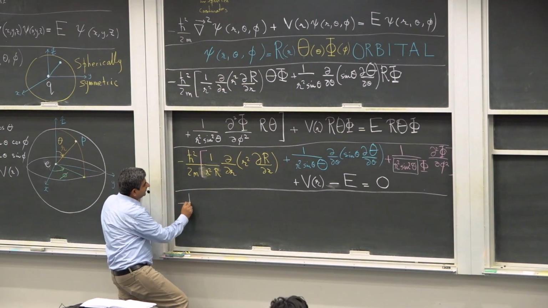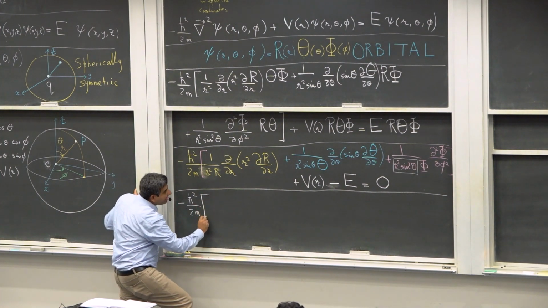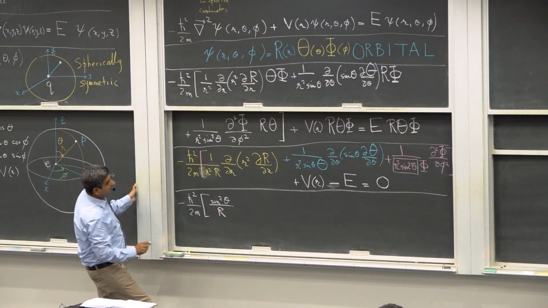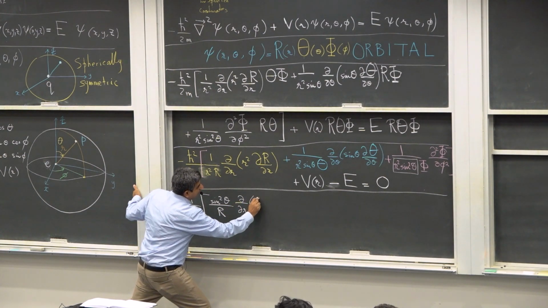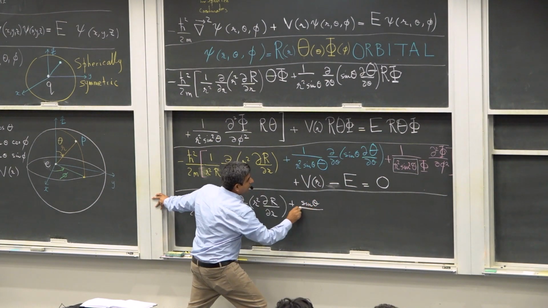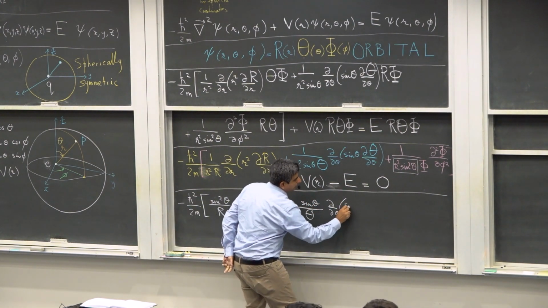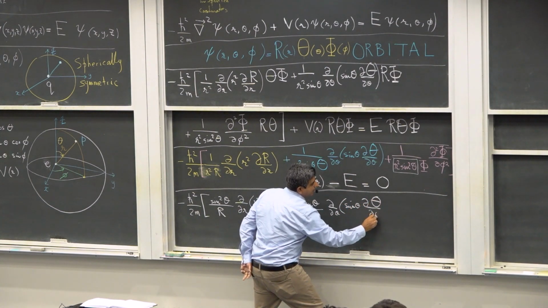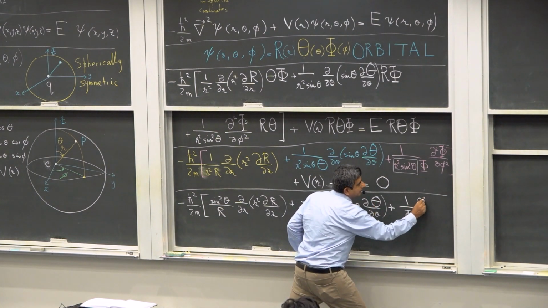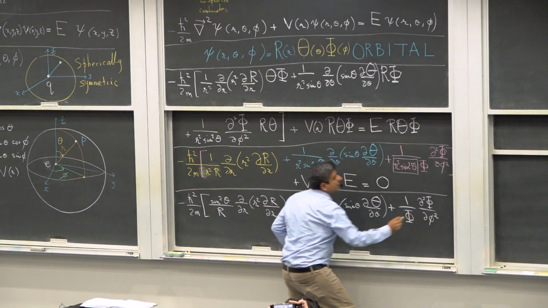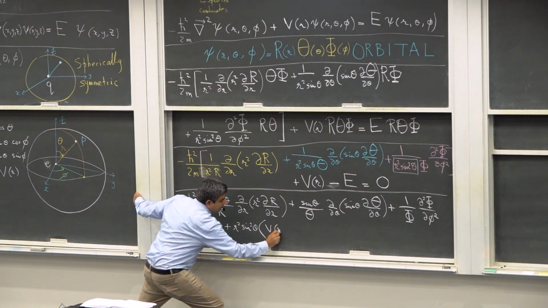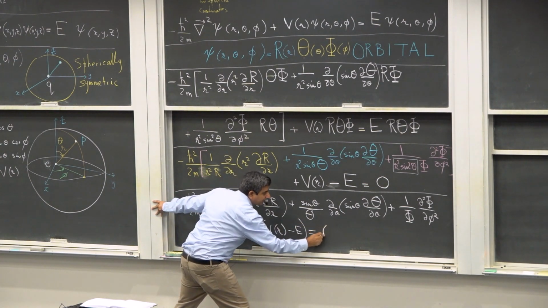So I'm left with minus h bar square 2m, r square sine square theta, sine square theta r, plus sine theta, plus, plus r square sine square theta dr minus e equals 0.